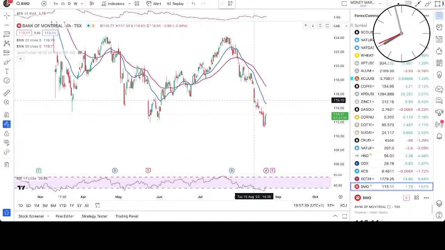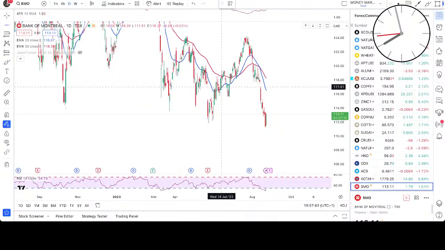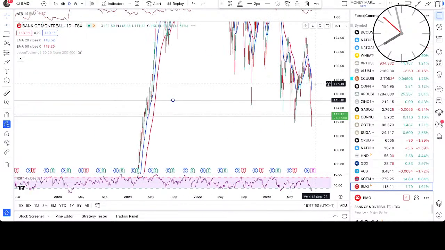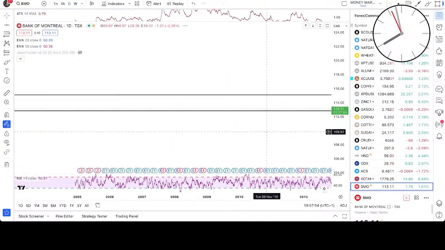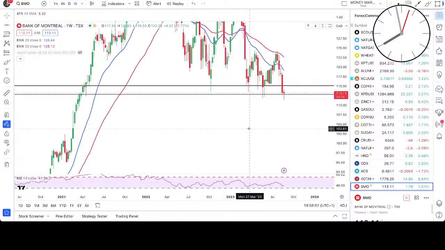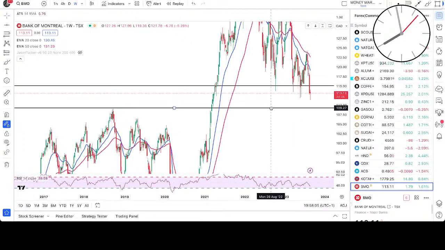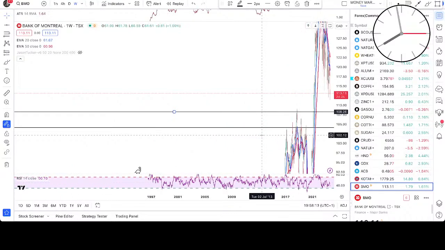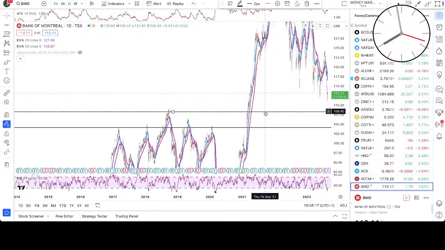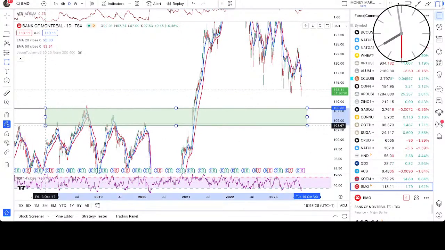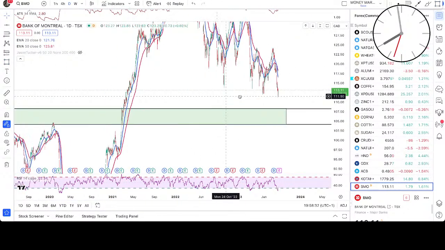Okay, so we have a very good zone here if you are trading this instrument.